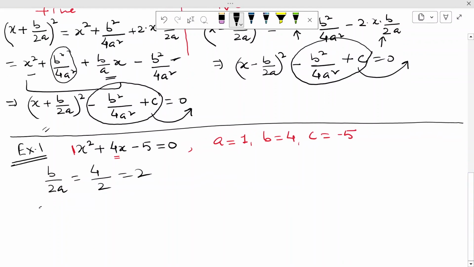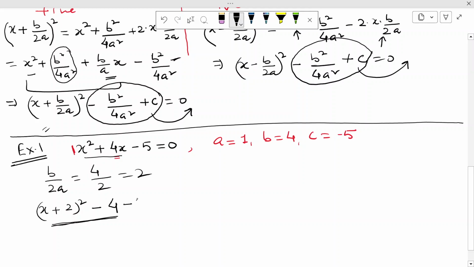So we will write this as x plus b by 2a means x plus 2 whole square minus, if you look at this, so here we have to subtract this b square over 4a square means the square of this b over 2a. So b over 2a is 2, so the square of this is 4, and this is in place of x square plus 4x.